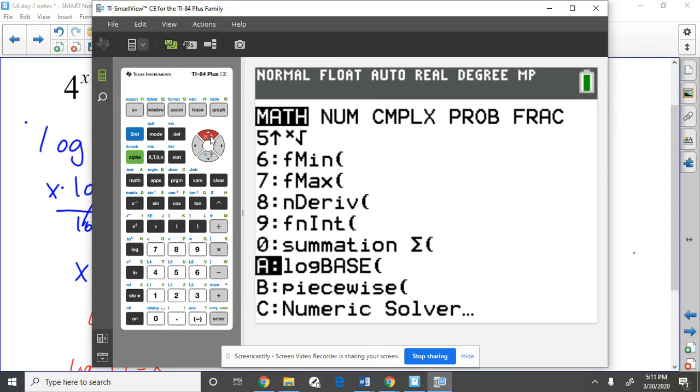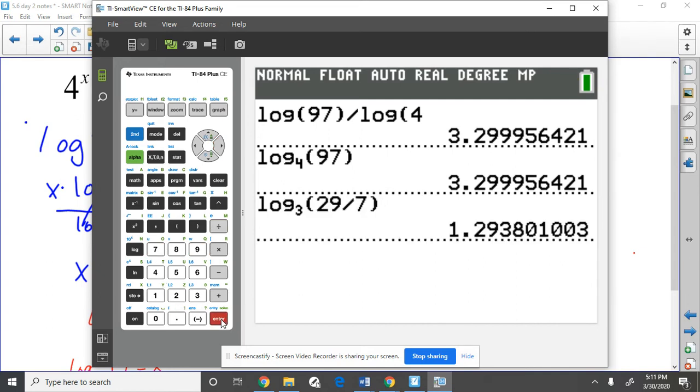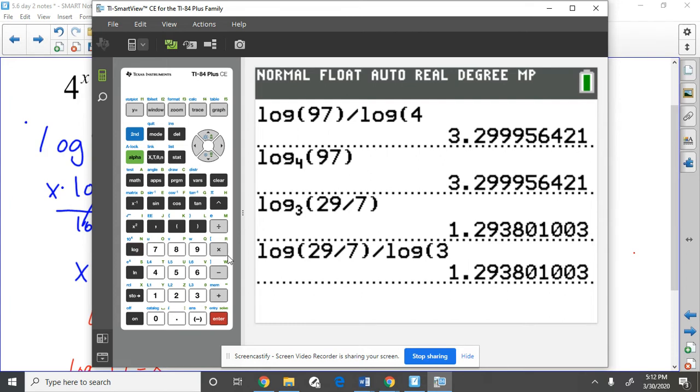Math, log base 3 of 29/7. Give me about 1.29, or again, I can do common log of 29/7 divided by common log of 3. Get the same answer.